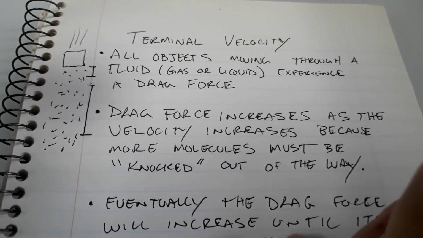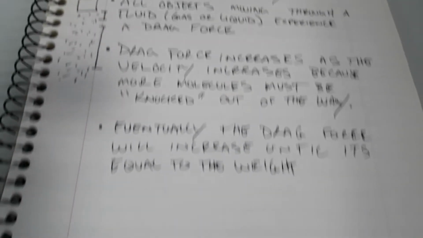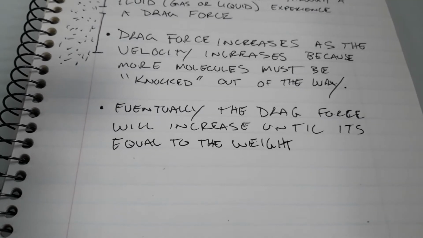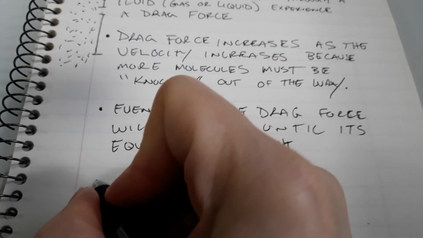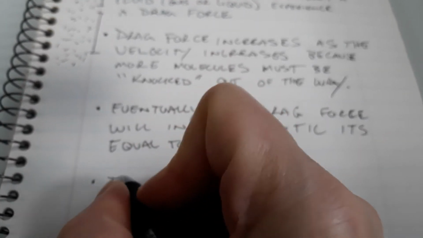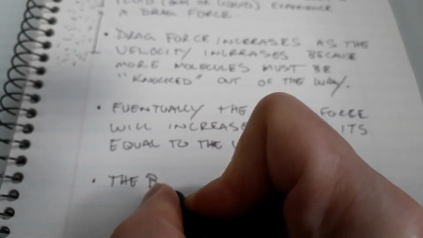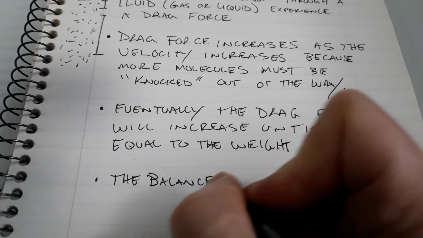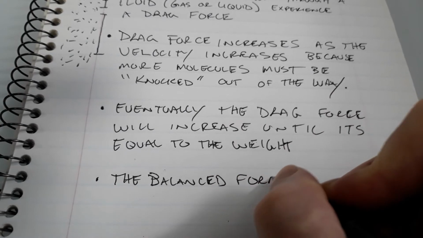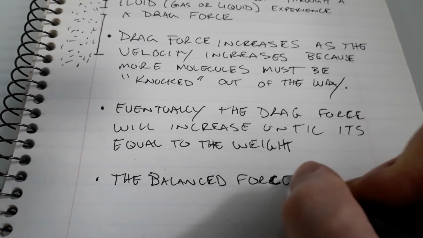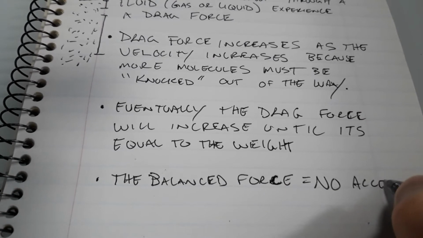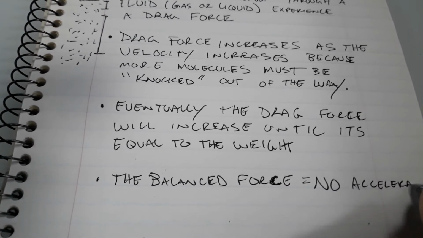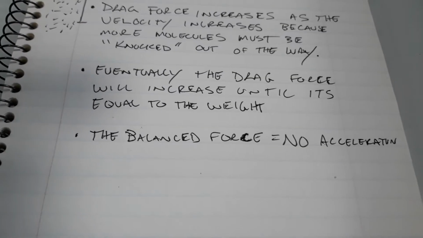And I will draw a diagram to show you, kind of illustrate what I'm talking about. Eventually the drag force will increase until it's equal to the weight. And at that point, we no longer have an unbalanced force. And that balanced force equals no acceleration. So even though you're falling, you will now no longer accelerate.